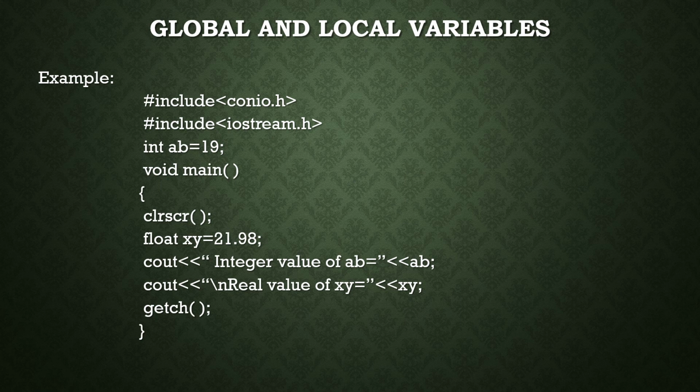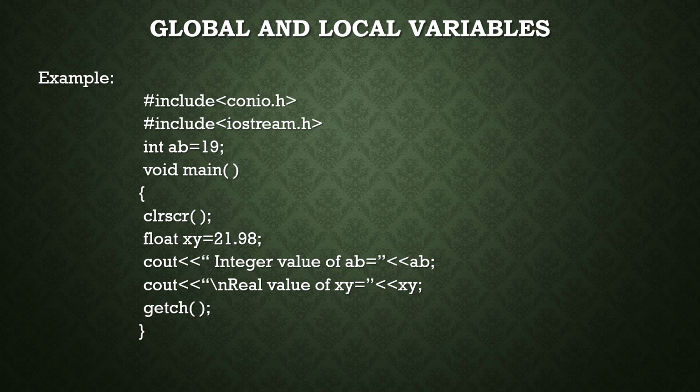I have not declared this variable within the main function. I have declared it outside the main function, so the ab variable can be accessed by various functions. I have used only one function here, the main function, so it is accessible to the main function also.